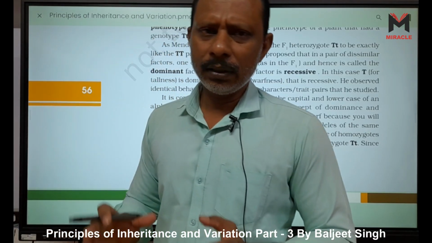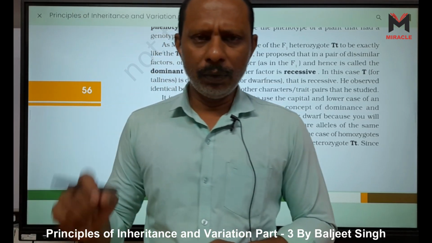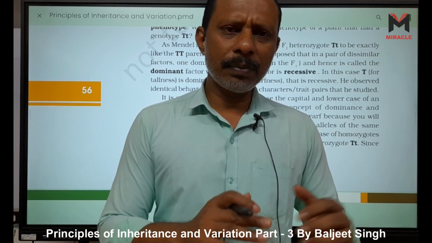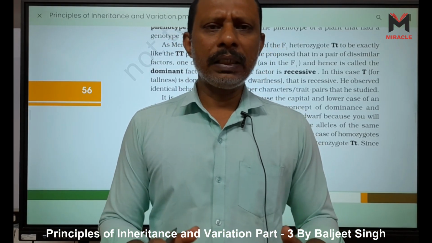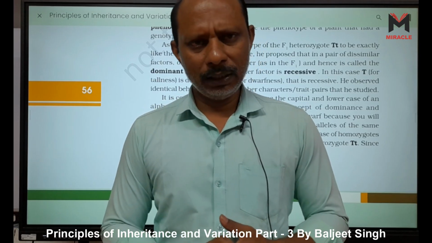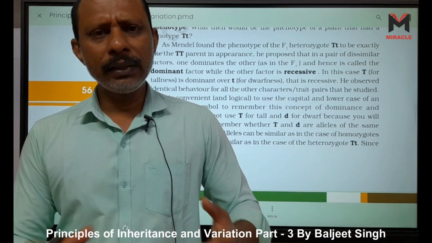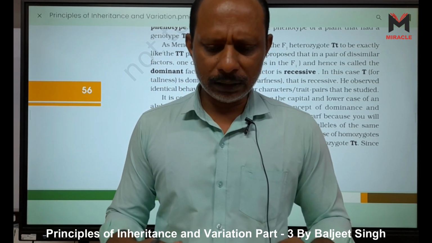The capital T means, in F2 generation we get a 1:2:1 ratio. 1 means capital T capital T, that is T square. Then capital T small t, 2 times we get it here, so 2 capital T small t. And small t small t, that is small t square. This is the mathematical or statistical equation, right?